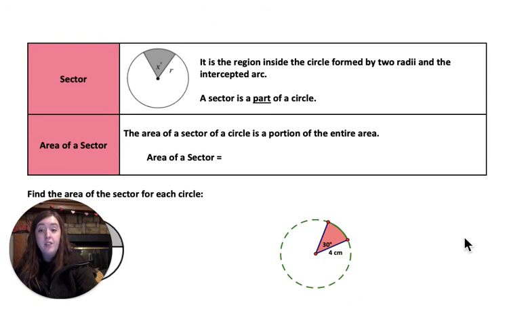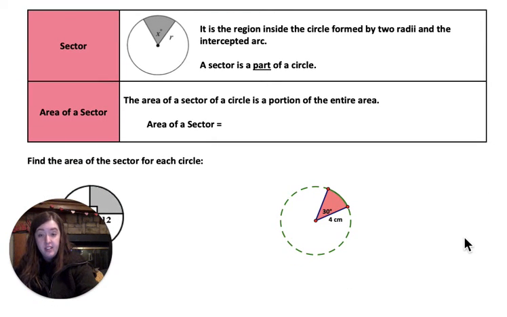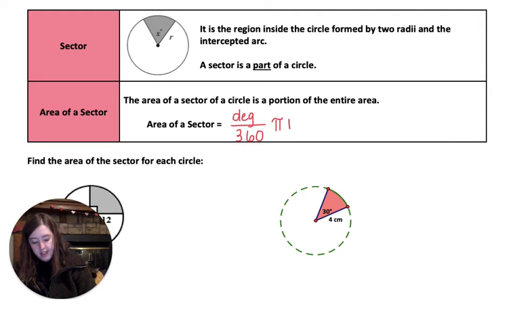So when we're looking for the area of a sector, which is just part of a circle, that's what we were finding up above. We are going to find that by taking the degree measure that they give me inside of the circle over 360, and then multiply that by the area of the circle, pi times the radius squared.